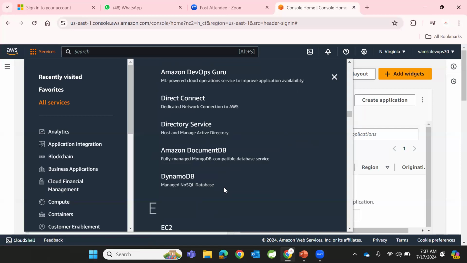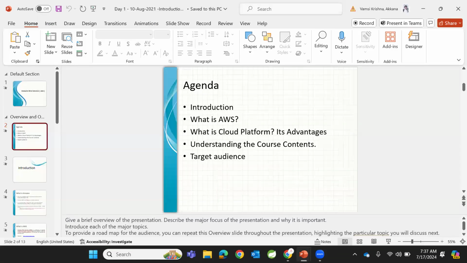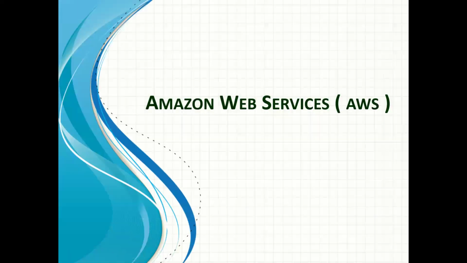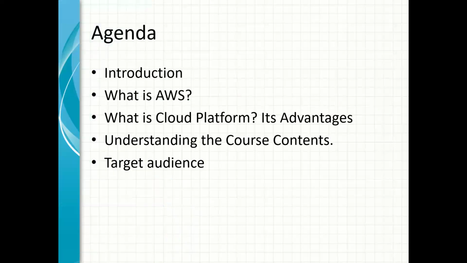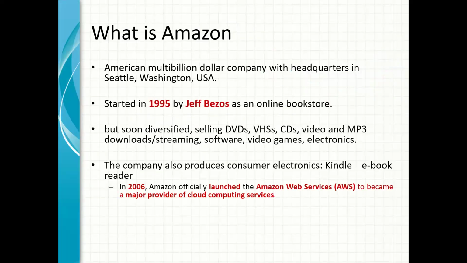Let's see the introduction part of AWS, how this AWS cloud started. You know about Amazon company. Amazon is a multi-billion-dollar company. You know how it was started. It was started in the year 1995 by Jeff Bezos as an online bookstore.